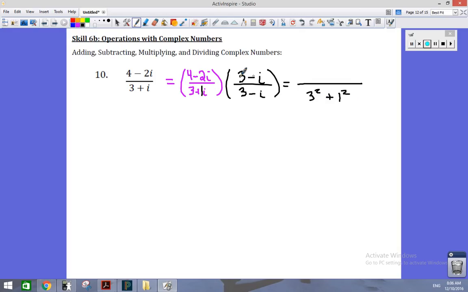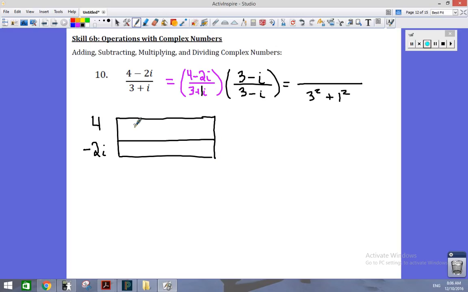Now, in multiplying these two binomials, some of you are going to be able to do it without creating a table. Others are going to just like the organization of a table to apply the distributive property. It's a neat and organized way to do it.